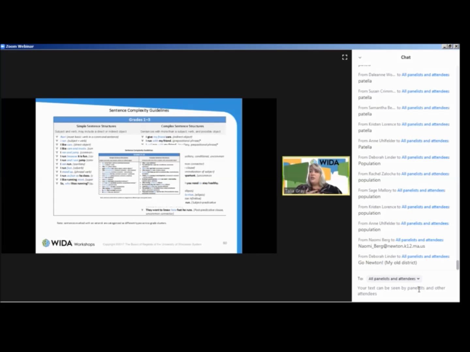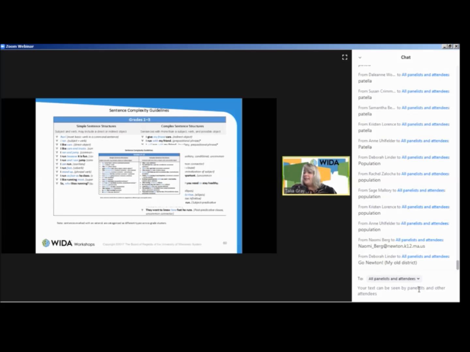I know this was useful for me because in the lower grades, in the elementary grades, it's kind of hard to assess what they write, but this helps a little bit. So this is for you in the Padlet, and it's just a complexity guideline chart for grades 1 to 3. So that's there for you.